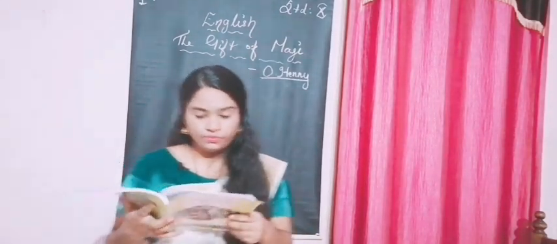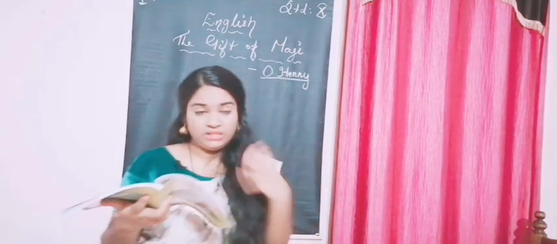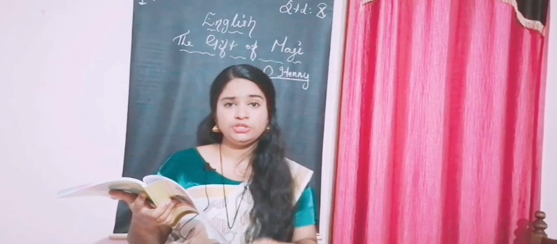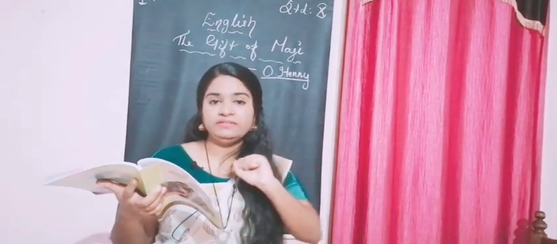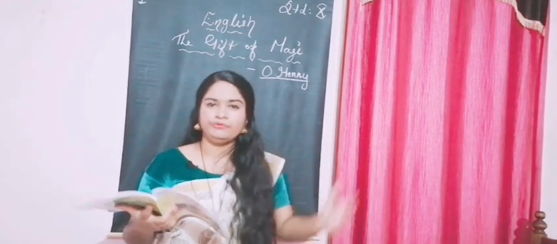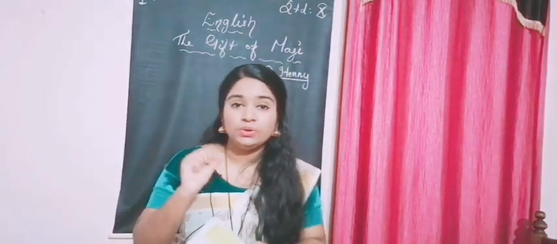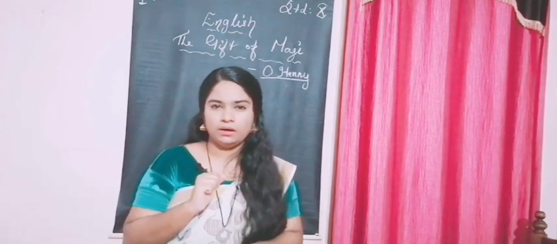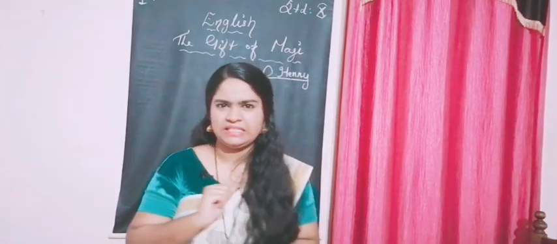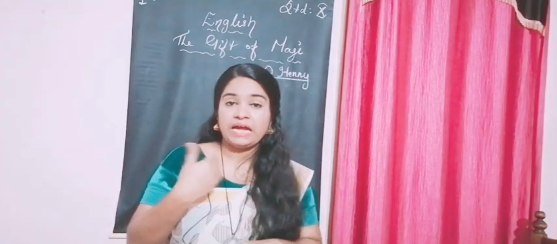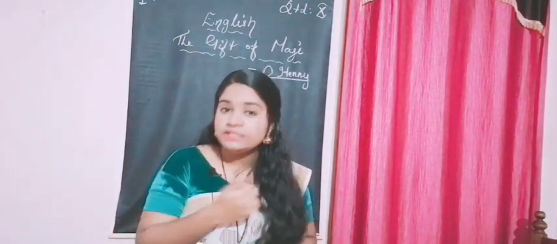Now let's start the explanation. What does it mean? The Dillingham had been flung to the breeze. That means it's a scene from before. So they were quite good financially, well settled, we can say. So when was it? It was before, when they had got $30 per week.